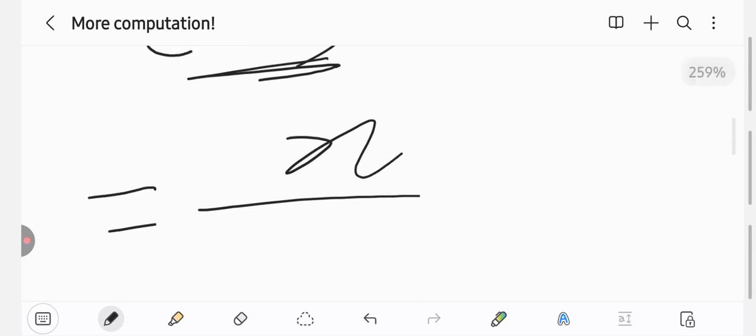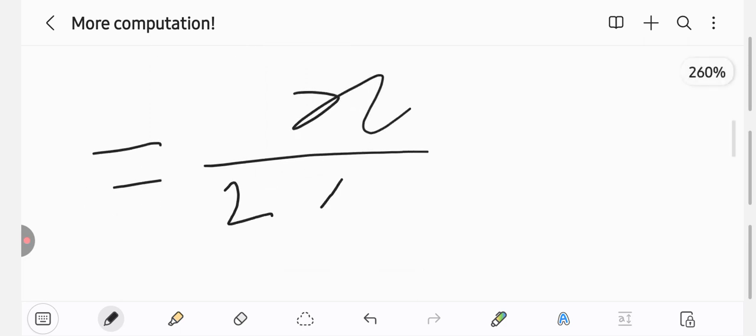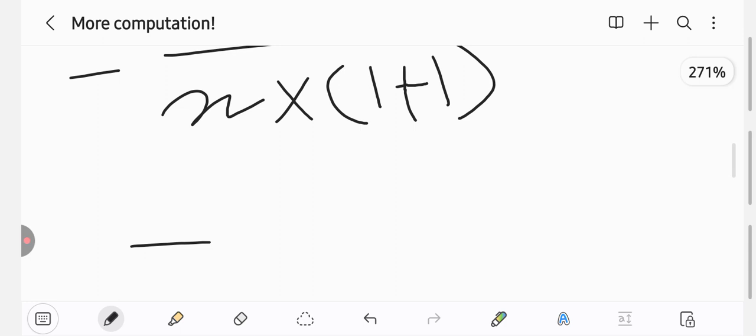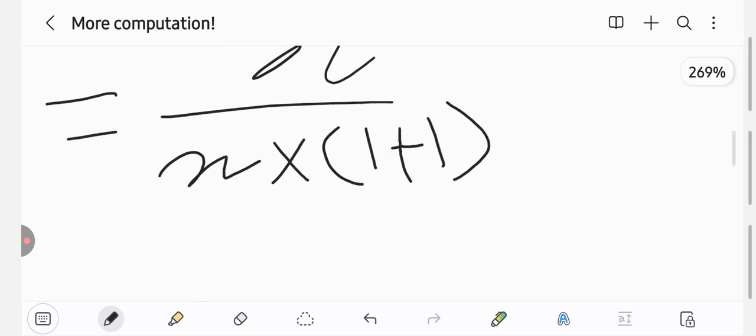x by 2x, sorry, it's actually x times (1 plus 1). Now look, we always have to take common.